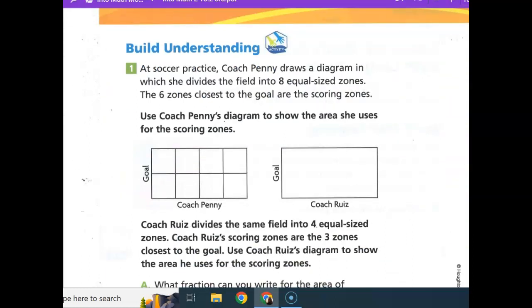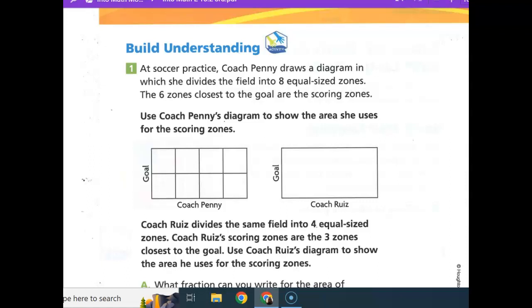Okay, you should be on page 426, Build Understanding. At soccer practice, Coach Penny draws a diagram in which she divides the field into 8 equal-sized zones. The 6 zones closest to the goal are the scoring area. Coach Penny uses a diagram to show the area she uses.